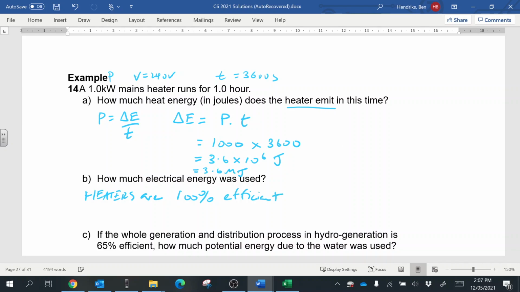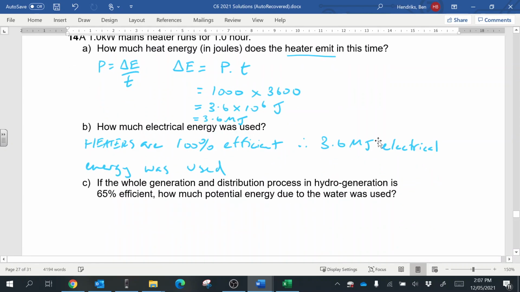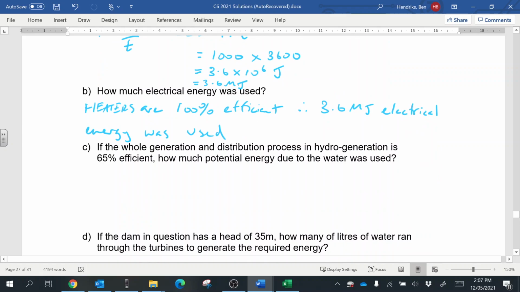Well, they should be. Heaters are 100% efficient, therefore 3.6 megajoules of electrical energy was used.